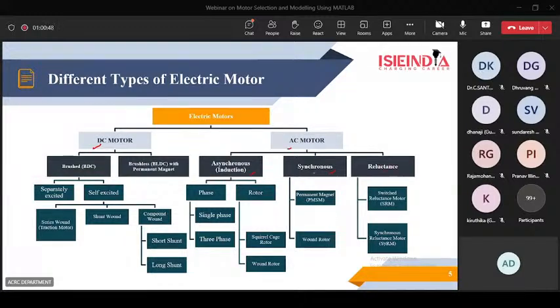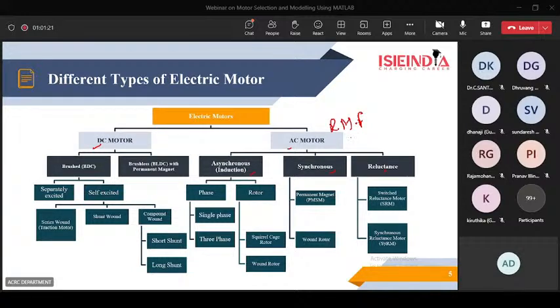In a synchronous motor, the rotor is rotating at a speed of ns. There is the formation of a rotating magnetic field: whenever the supply is given to the AC motor, a rotating magnetic field is produced, and it interacts with the different conductors.